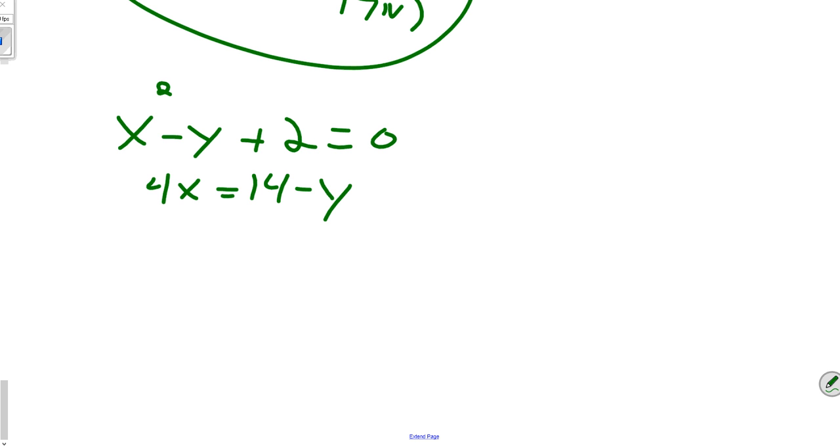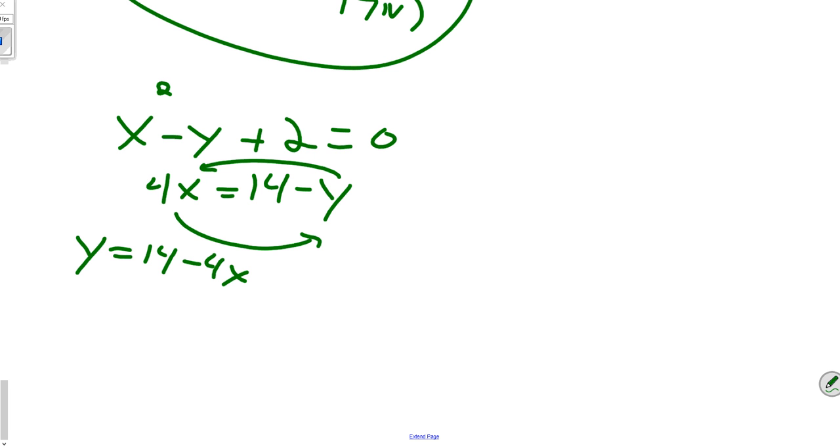So like if I was this one here, I would do substitution. Right? I would switch this around, bring this here and that there. I would say y equals 14 minus 4x.